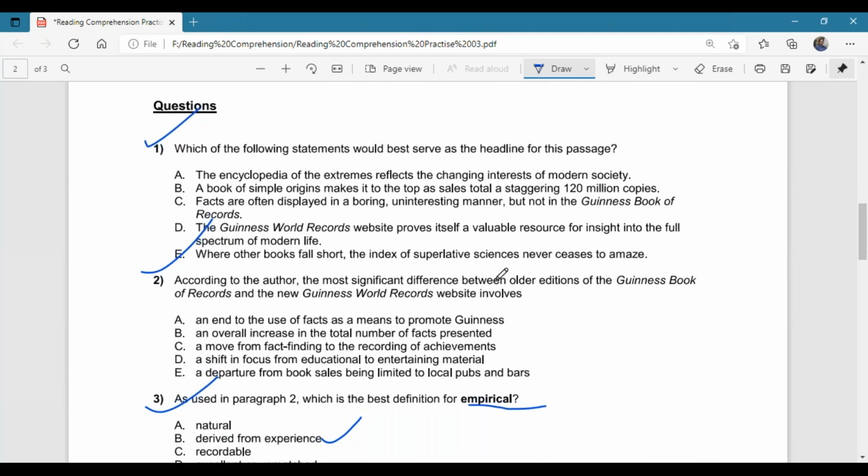Now please go with question numbers 1 and 2. Try to give me the answers for question numbers 1 and 2 quickly.